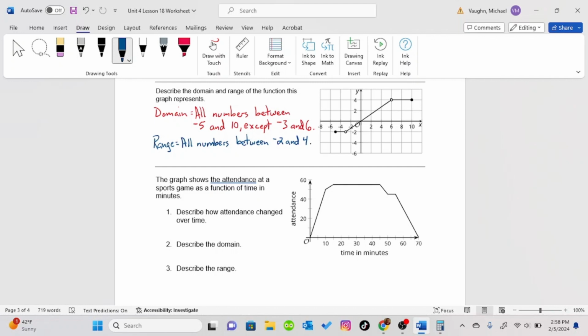And there's no exceptions to this, because even though there are hollow points, it does still equal -2 at this solid point and the line going over to that hollow point. And it still does equal 4 at the solid point and the line leading over to the hollow point. So this would be your domain and range.